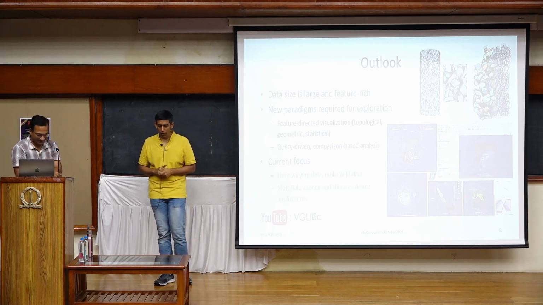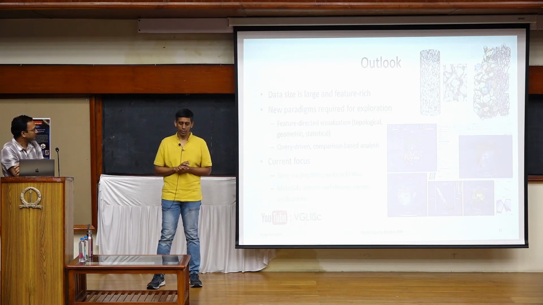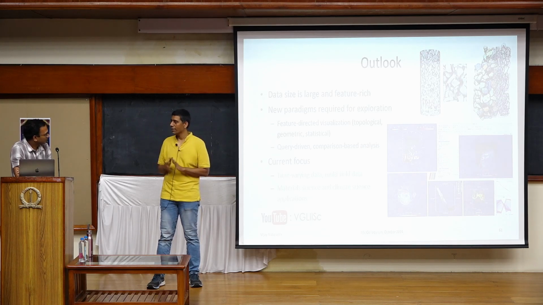Yeah. So one approach, I don't want to say popular, but the more common approach that's taken for noisy data is: let me compute all features and then use simplification as a way to remove noise. If your data has a lot of high frequency noise, all of that would be captured as features in the topological structures, for example.